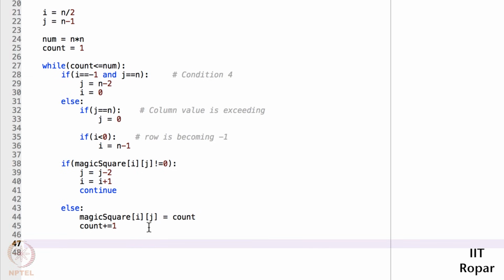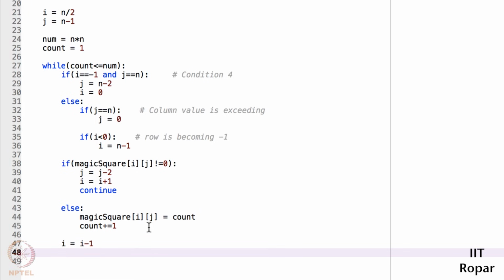So P minus 1 means i becomes i minus 1 and j becomes j plus 1. This is it. So this was what we wrote here, condition 1, the first condition. Great, we are done with this.